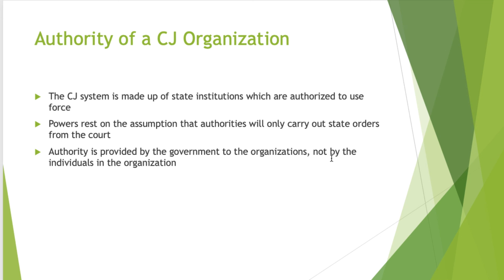Further, the authority is provided by the government to the organization, not by the individuals in the organization. So all the authority to use force and police people comes directly from the government. The government gets that directly from the Constitution. So it flows downward. It starts with the Constitution. Government receives power from the Constitution.